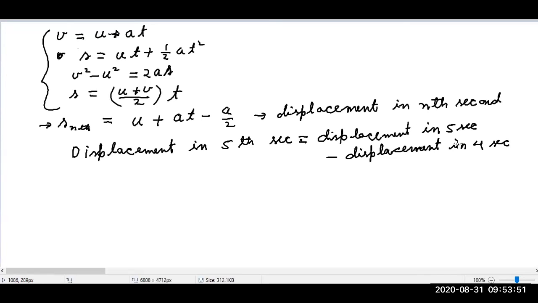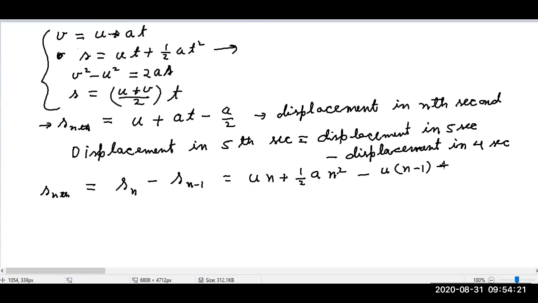So how do we write this? We will use the basic definition. Displacement in nth second is displacement in n seconds minus displacement in n minus 1 seconds. So using the above formula, u into n plus half a n square minus u into (n minus 1) plus half a (n minus 1) square.